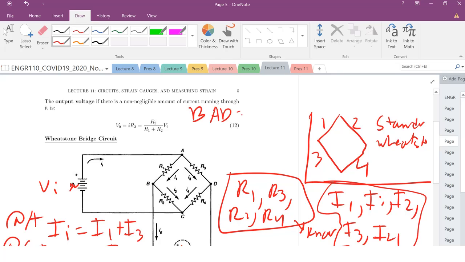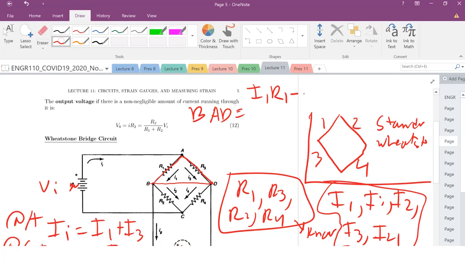What is the sum of the voltages here? If I go around from here, here, here, and then it closes with this IG. Actually, let me get the eraser.